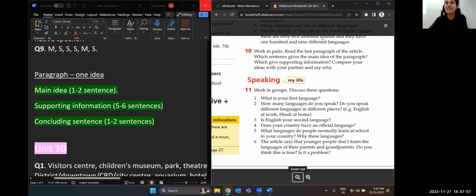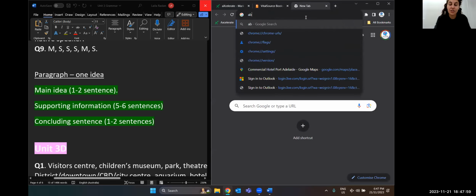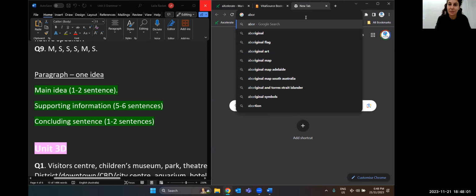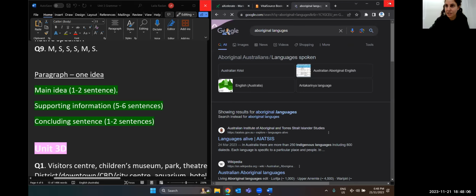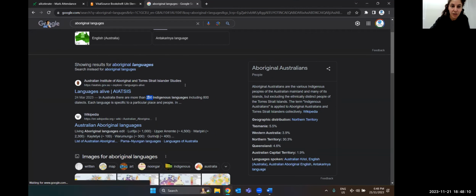Yes, they have about 250 languages. Yeah. I don't know. So Aboriginal language, that's very interesting. They have many different languages from themselves. Yeah, 250. Maybe they have a little bit similar.